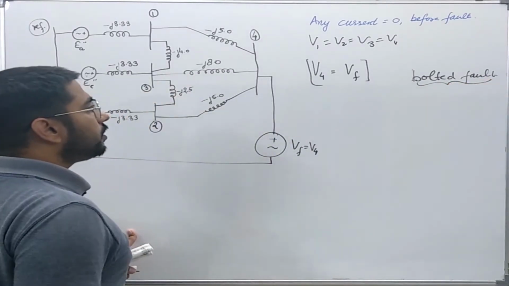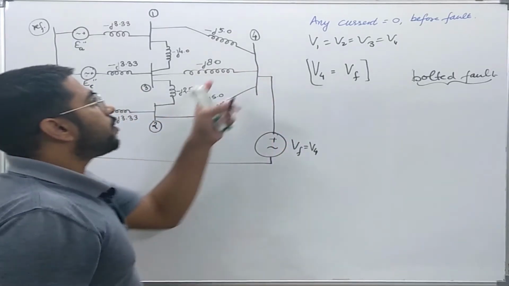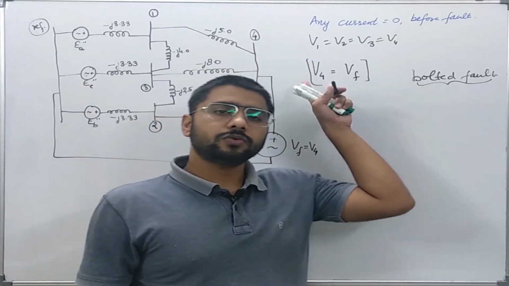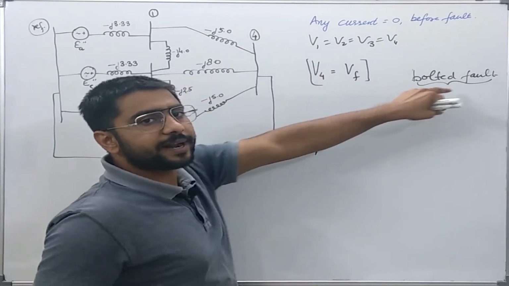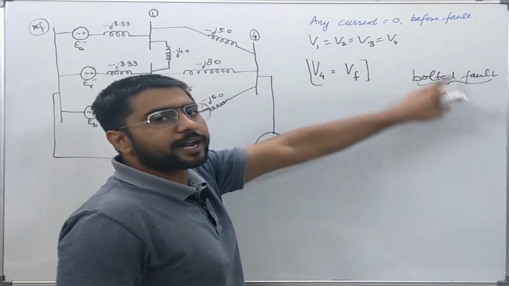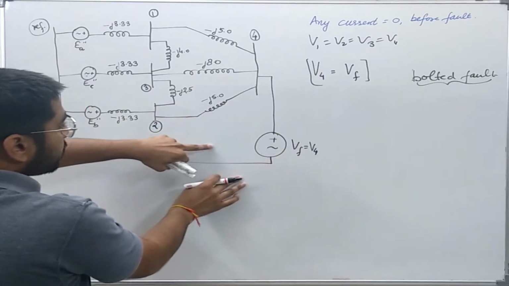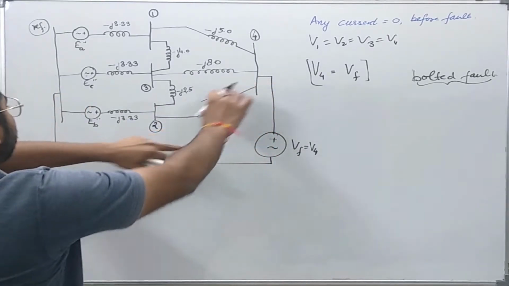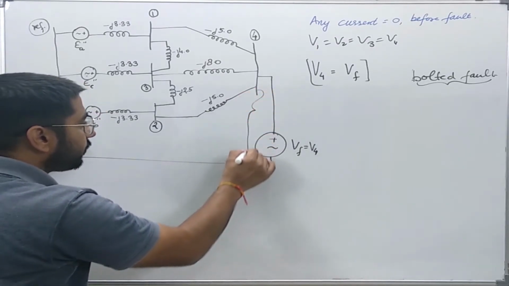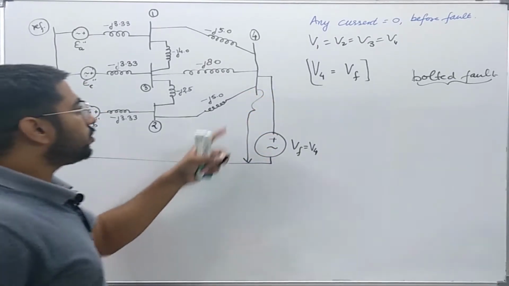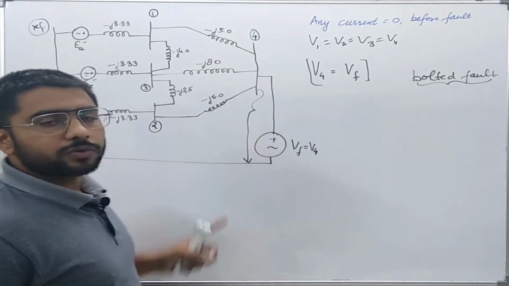So when there is a fault on bus 4, the voltage of bus 4 will be equal to 0, because there is no impedance in the fault, so no matter how much current flows, there is no voltage here. This voltage will be equal to the reference bus, since it is representing a fault like this.